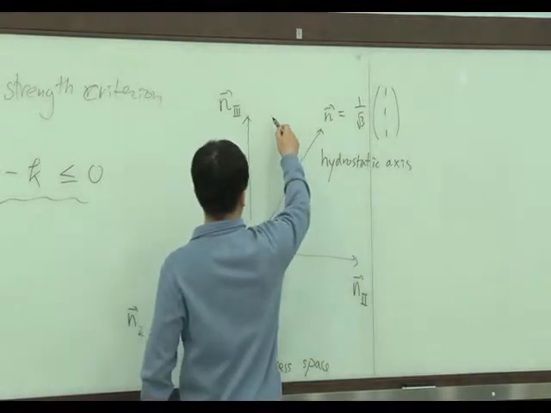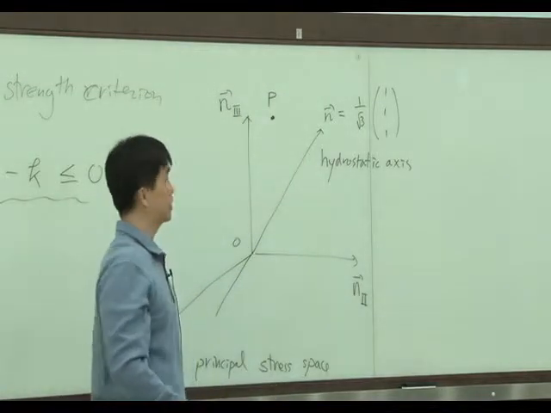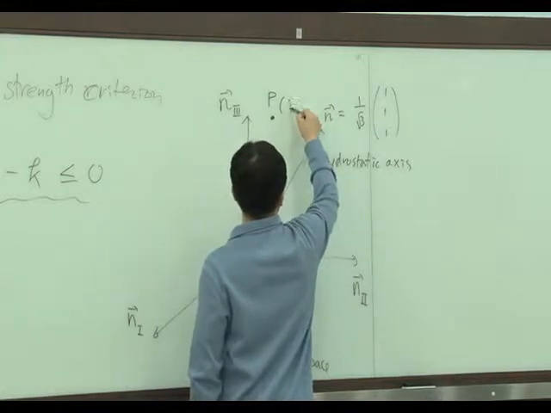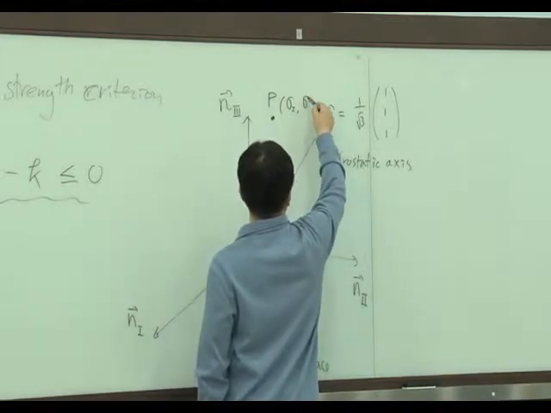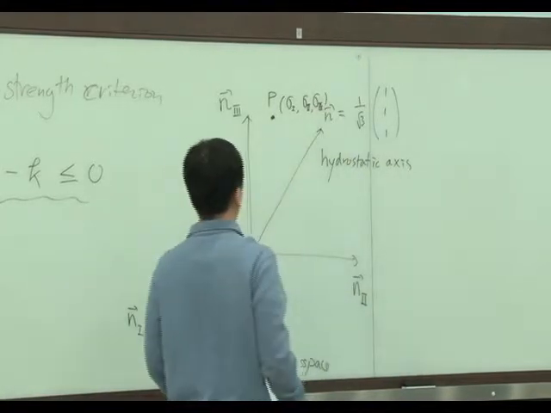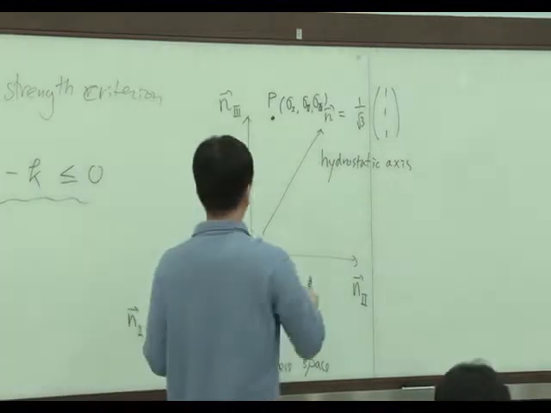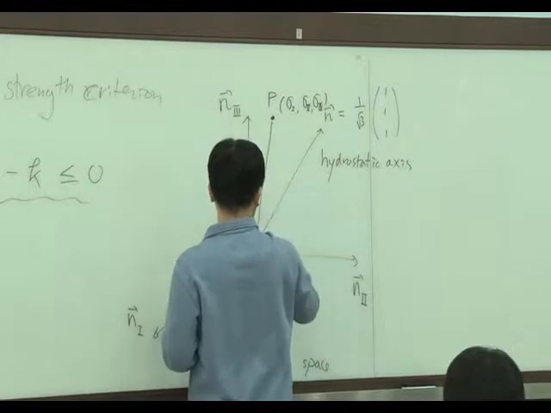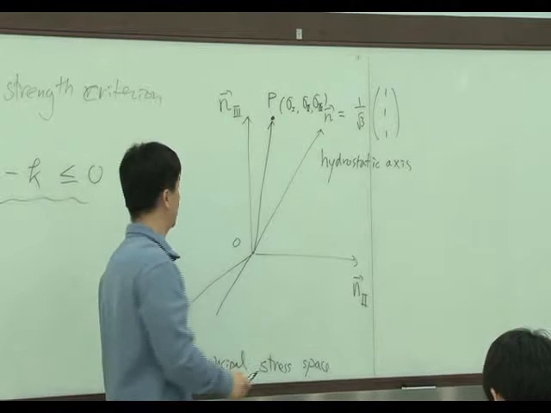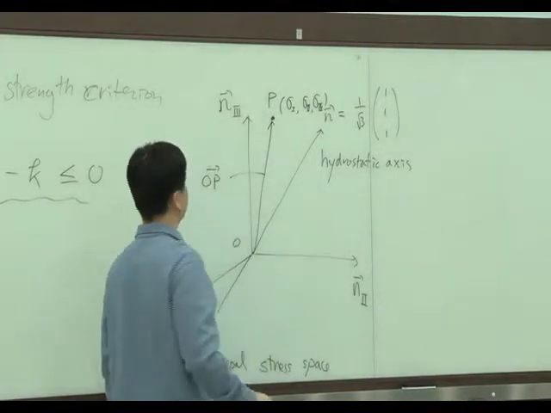And let's consider some arbitrary stress state given at point P, with stress 1, stress 2, stress 3. This point can be given by some vector, vector OP, right?